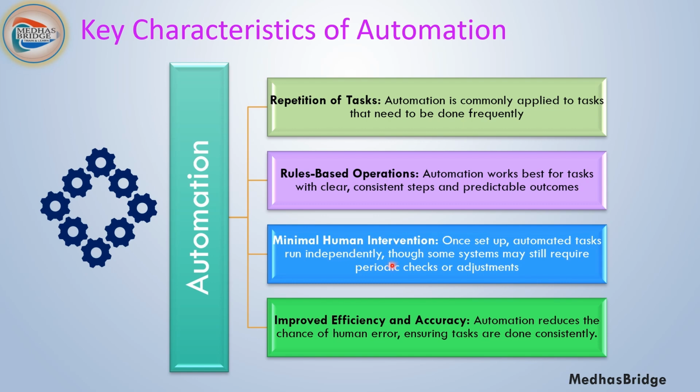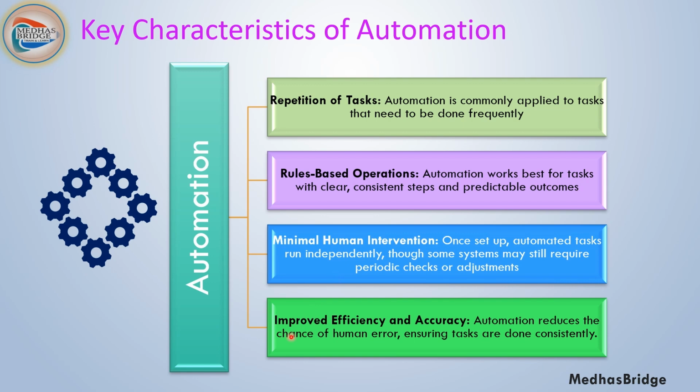Some systems may still require periodic checks and adjustments, but with minimal human intervention, the automated program runs independently and does its own job. Sometimes you have to look periodically at the health of the automation, but that is very minimal.